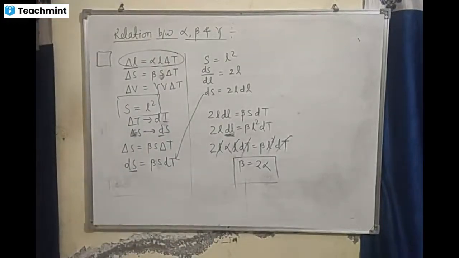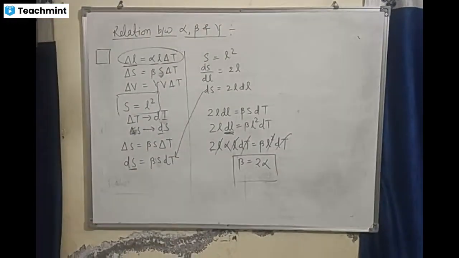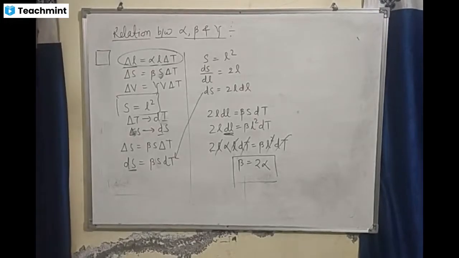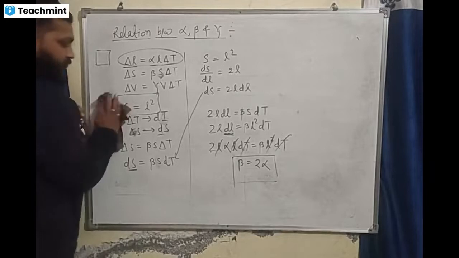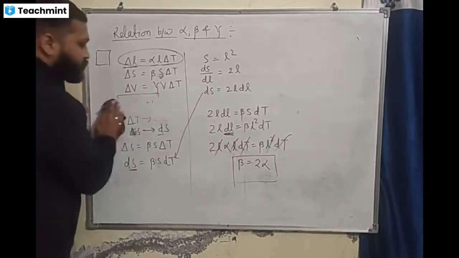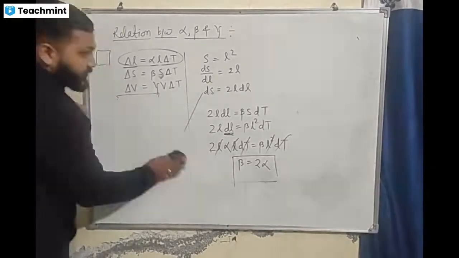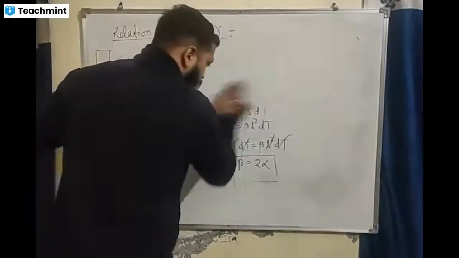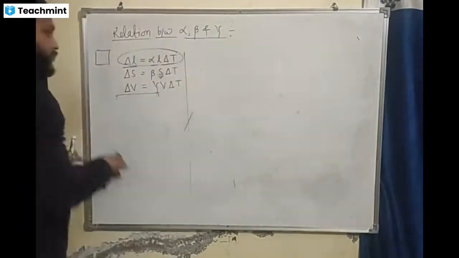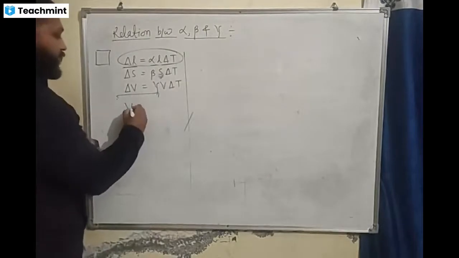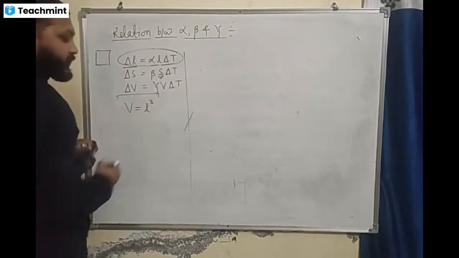Now the relationship between gamma and alpha. I am starting again from here; you can understand it very easily. Now look, if we are talking about volume, it is length into length into length, L cube.